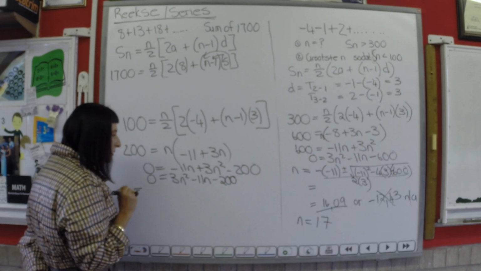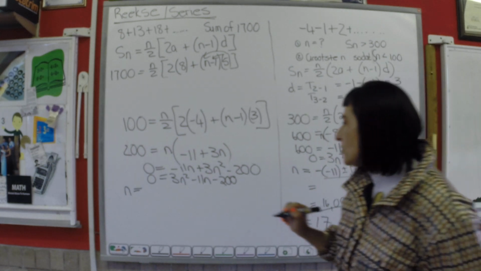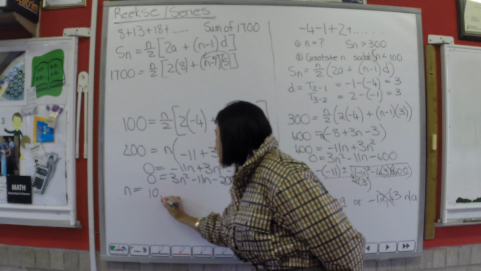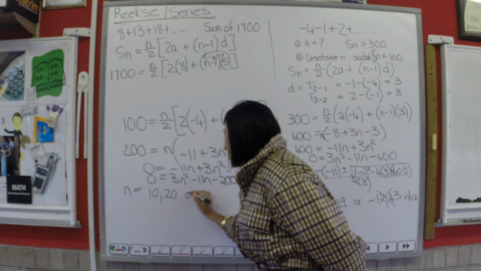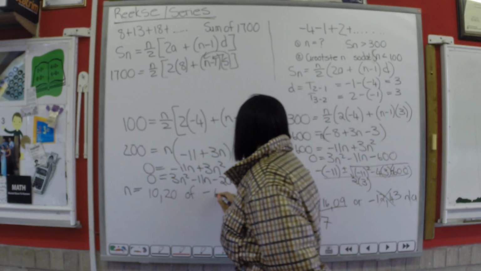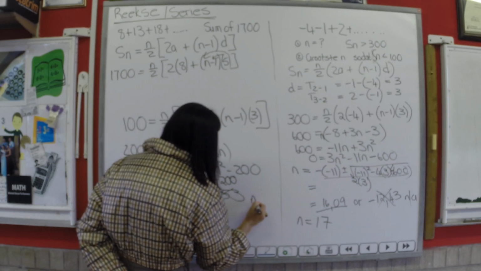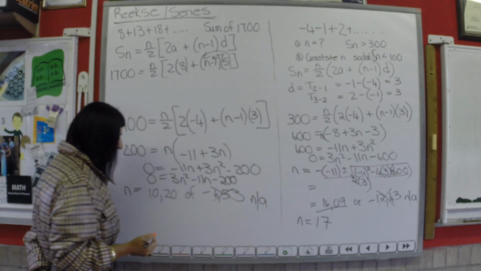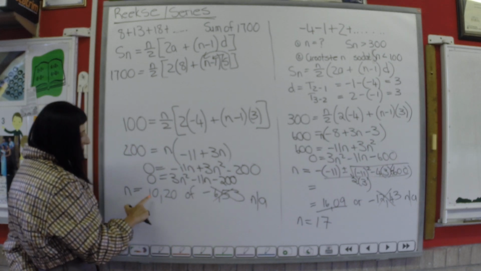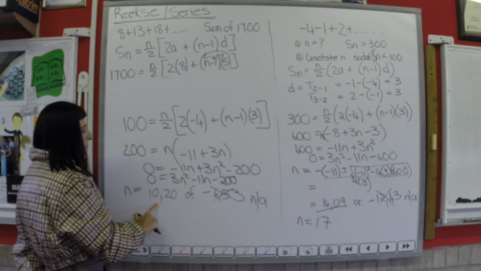En wanneer ek dit nou in my formule insit, dan kry ek 2 n-waardes, 10,20 of minus 6,53. I can eliminate that immediately because it's not applicable, a negative position.